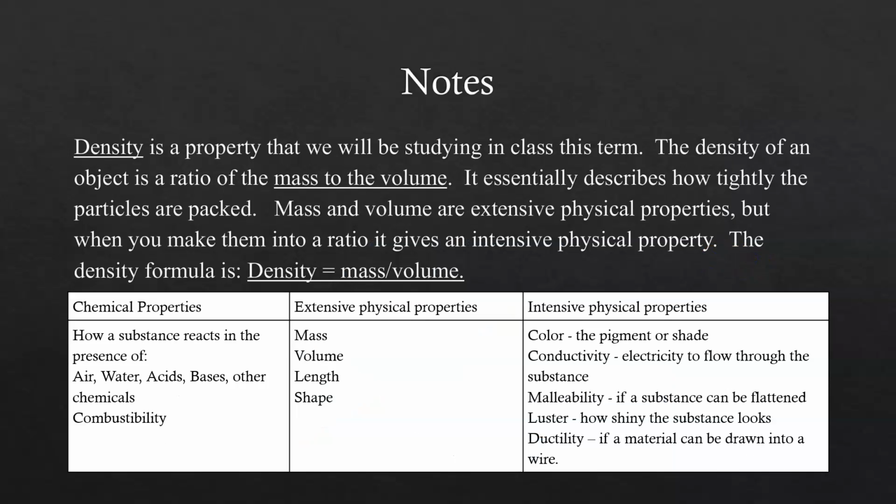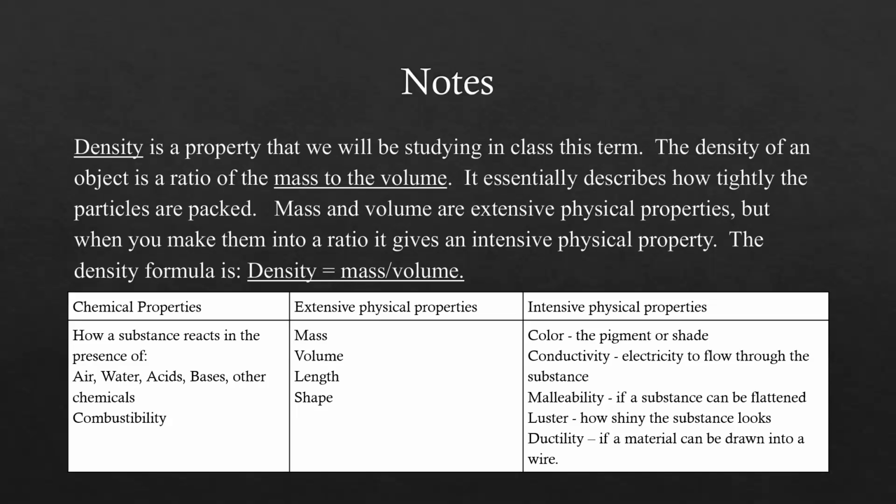So density, as an example, is a property that we will be studying in class this term. The density of an object is a ratio of the mass to the volume. It essentially describes how tightly packed the particles are. Mass and volume are extensive physical properties. So mass and volume change when the amount of matter changes. Thus, they are extensive. However, when you make them into a ratio, it gives you density, which is an intensive physical property.